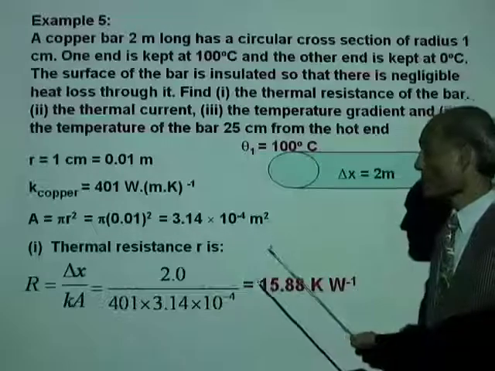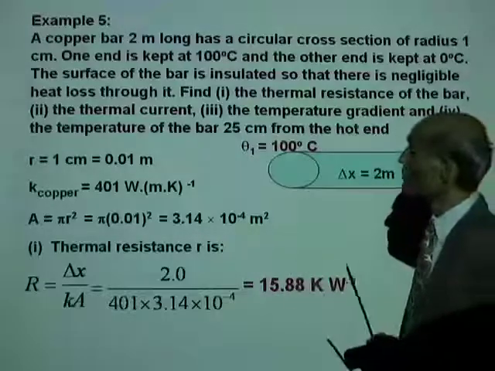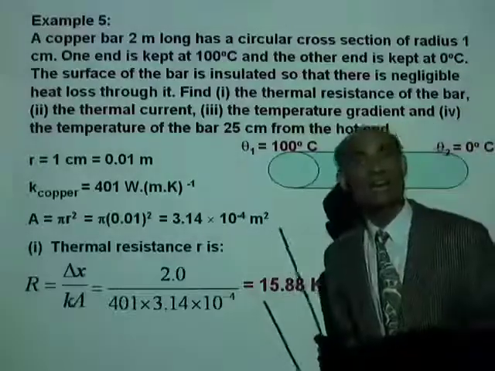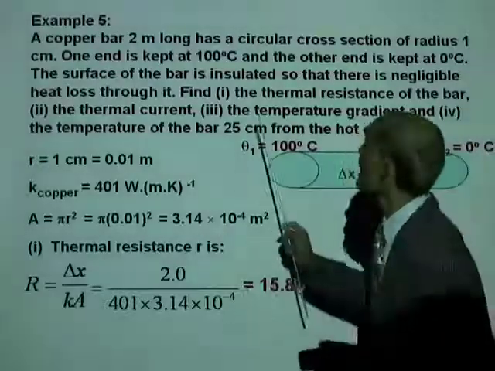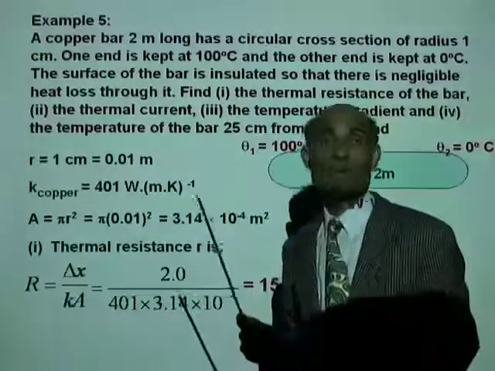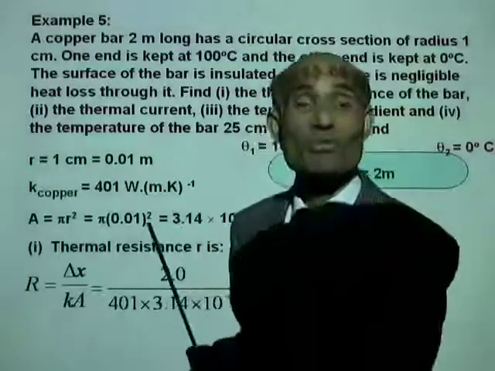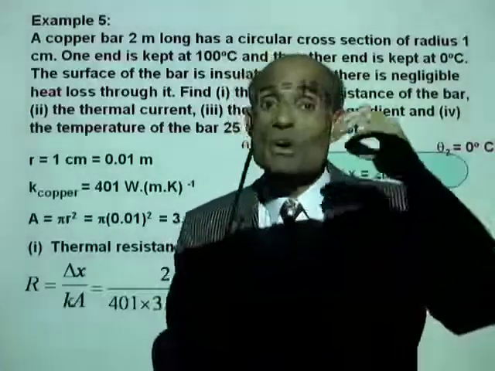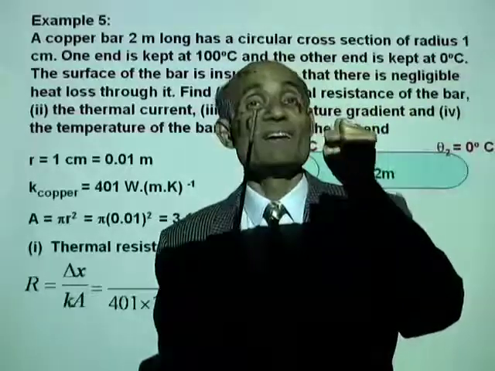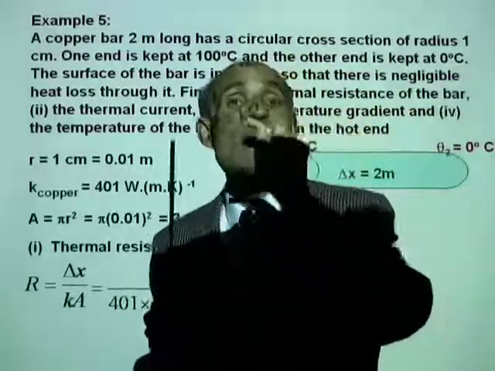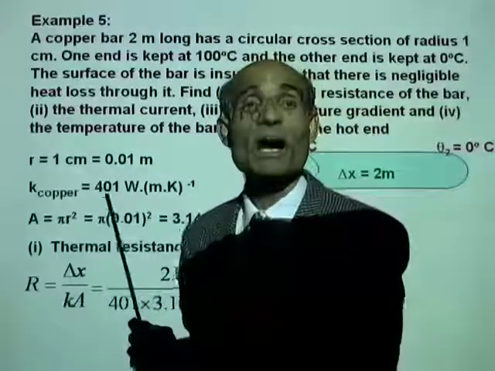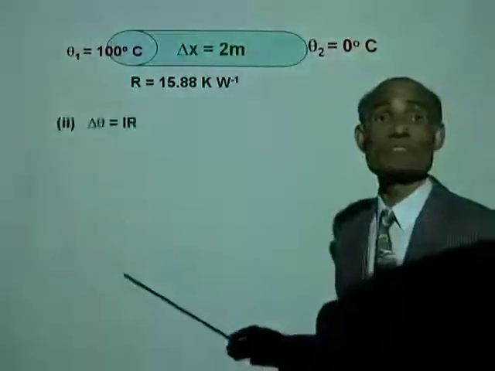We know the thermal resistance, we know the temperature difference delta theta. Can you use that to find the thermal current? What is the equation we obtained for the temperature difference delta theta? Delta theta equals I times R, where I is the thermal current and R is the thermal resistance.